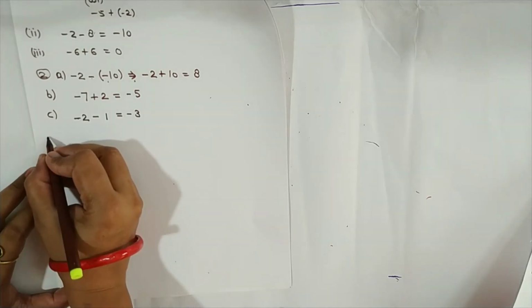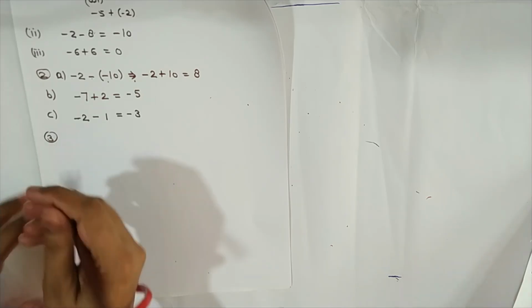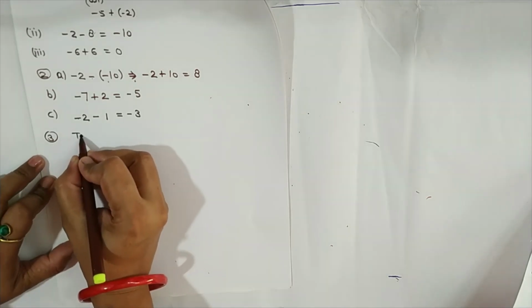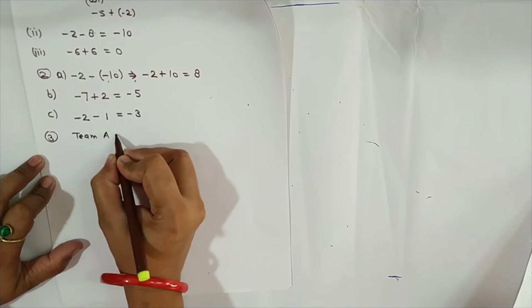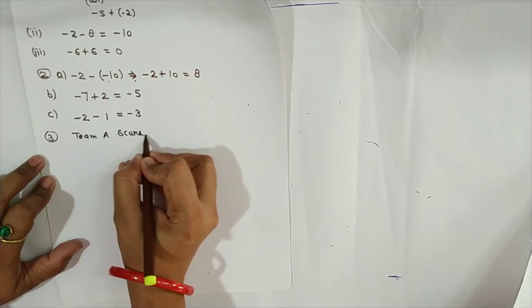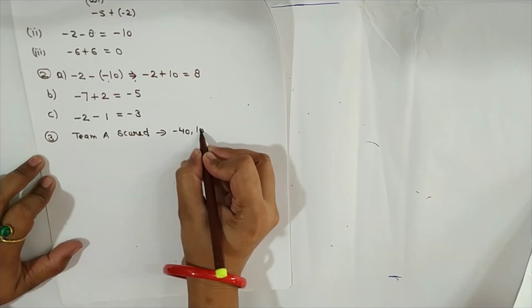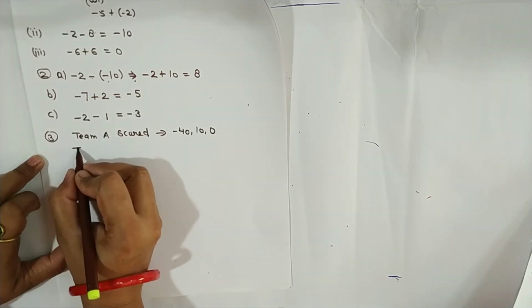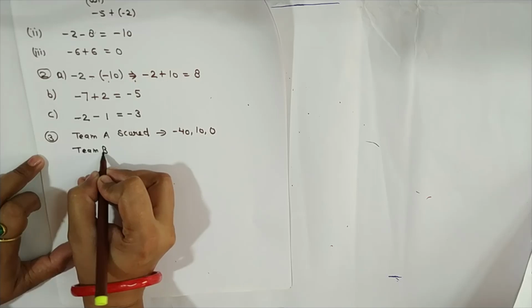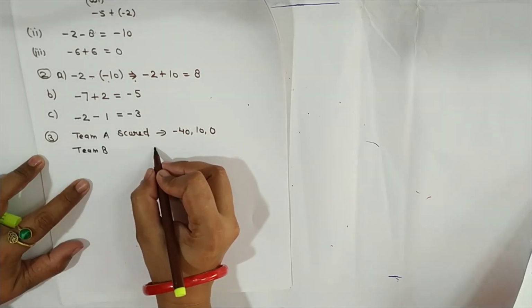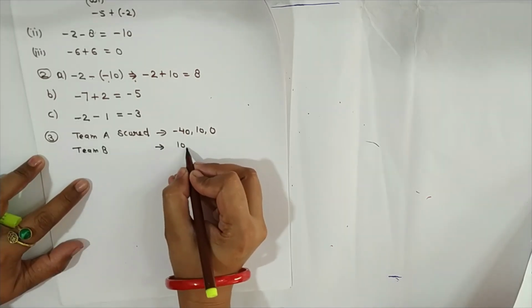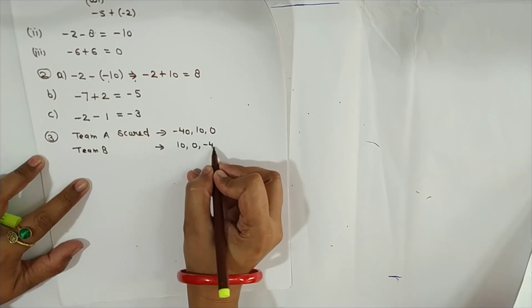So for the third question, team A scored -40, 10 and 0. Now team B scored 10, 0, -40.